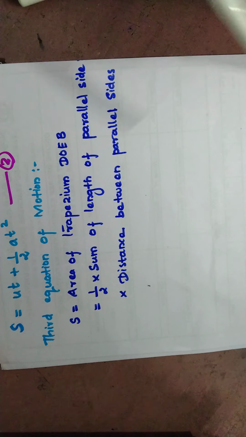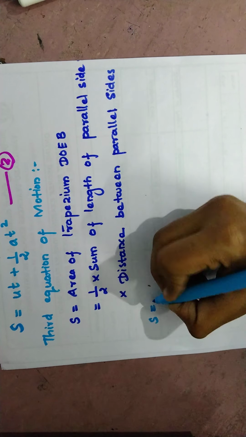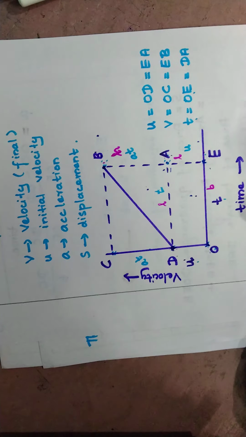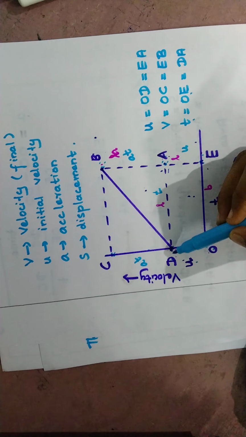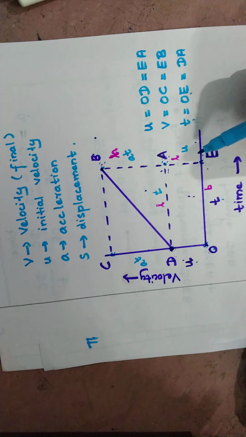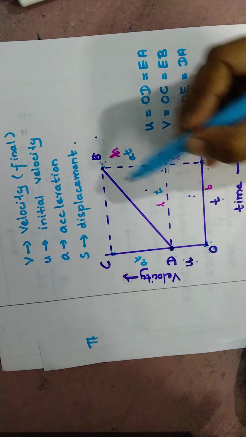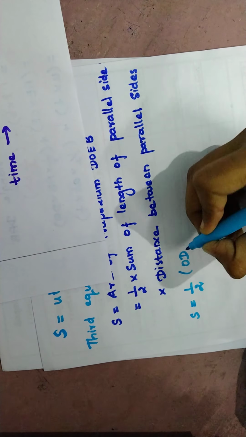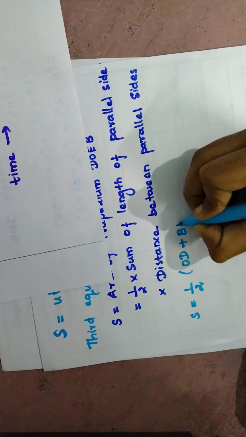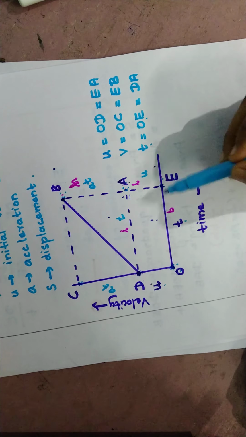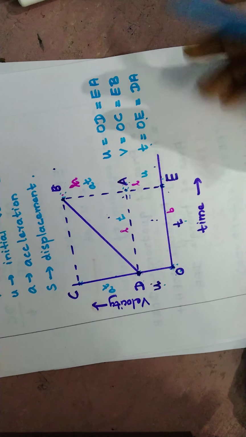So we can write small s is half into sum of length of parallel sides. The sum of length of parallel sides means OD plus BE. And the distance between parallel sides is OE.